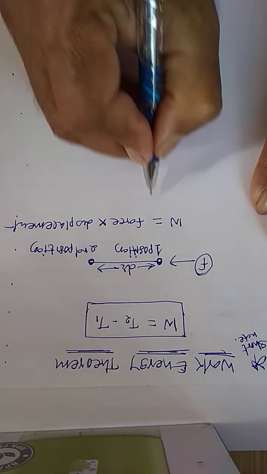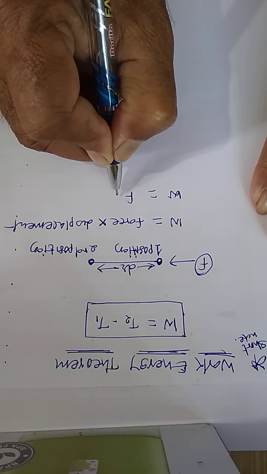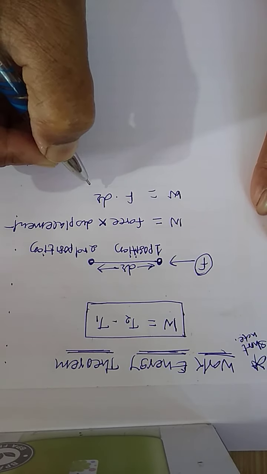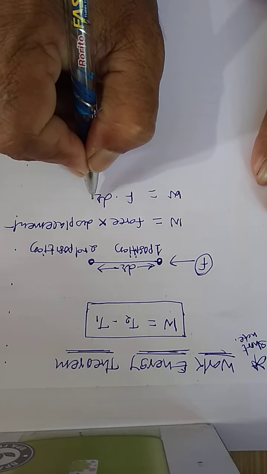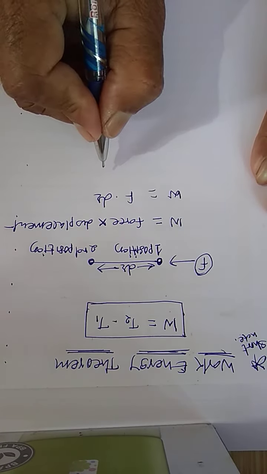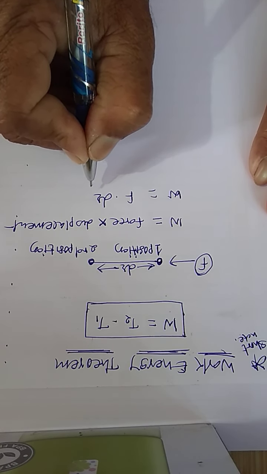That is, W equals F into dr, where dr is the displacement between position 1 and position 2nd.